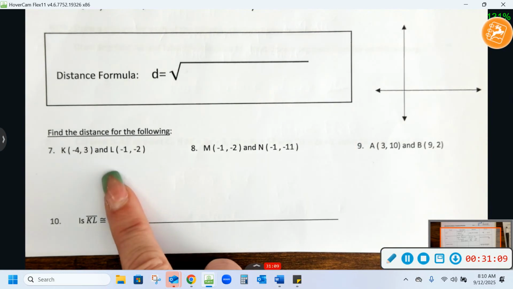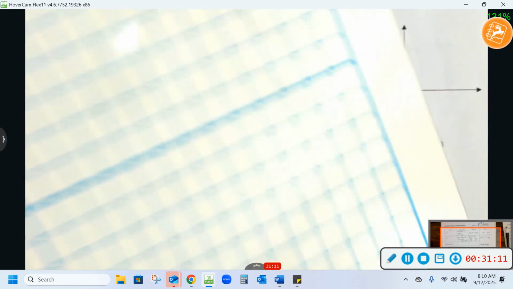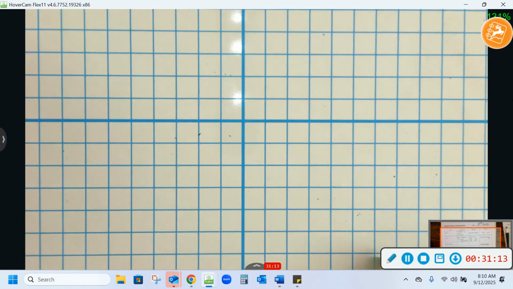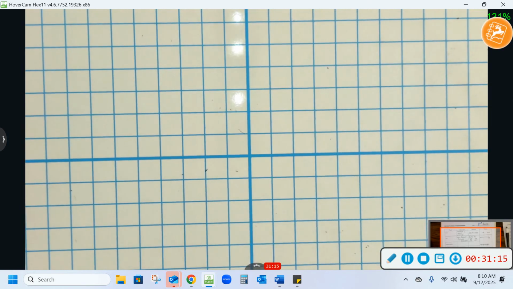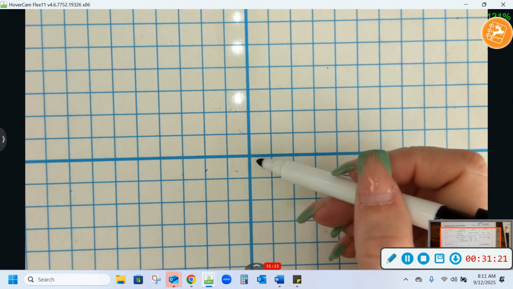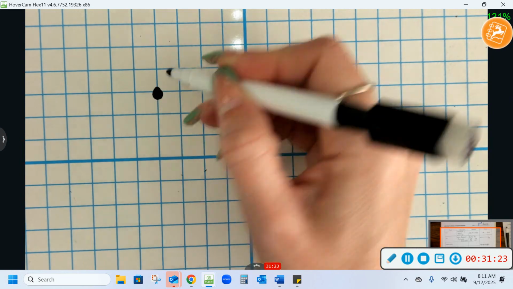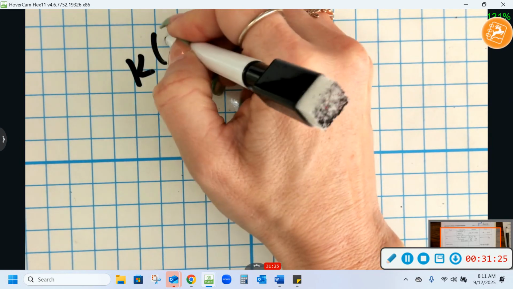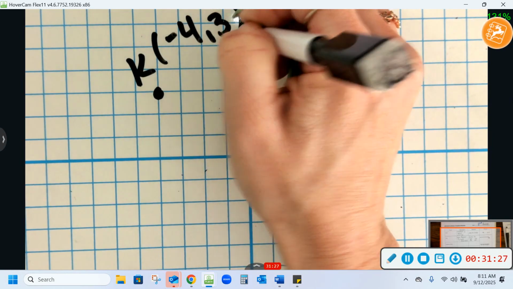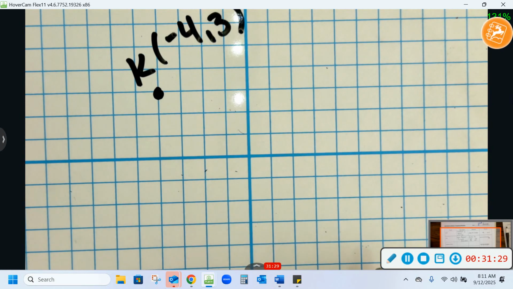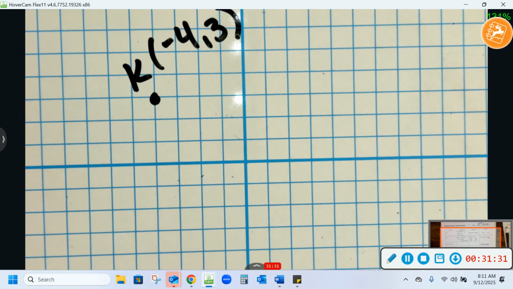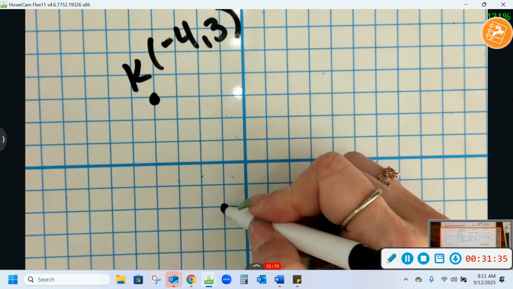We're going to do number 7 on our board. So I'm going to plot 7 quickly. Negative 4, 3. That is K. Negative 1, negative 2.